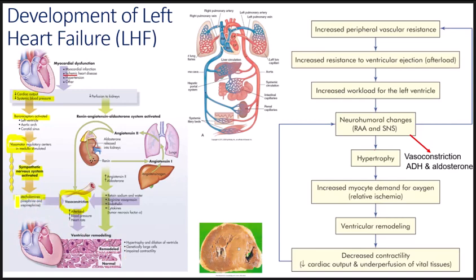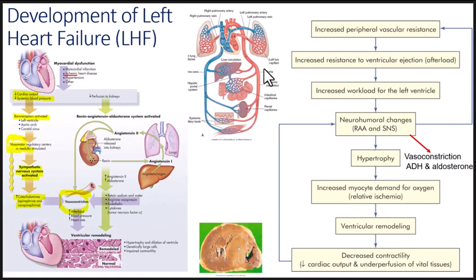You might recall that catecholamines, epinephrine and norepinephrine, are involved in our sympathetic nervous system, and they have the effect of causing vasoconstriction. Now, we're going to see vasoconstriction of certain blood vessels, including the blood vessels in your extremities, like your less vital areas of the body.